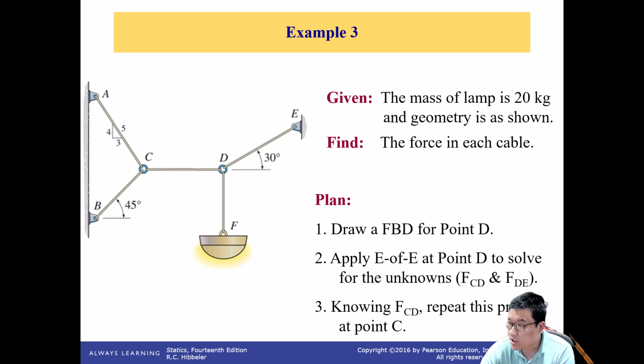After we know FCD, we can repeat the process for point C. For point C, the only unknowns will be FAC and FBC. So we have two equations and two unknowns at point C, and we can solve it as well.